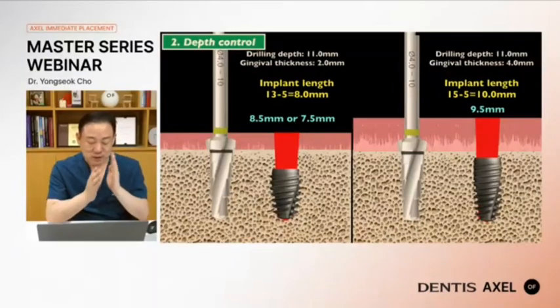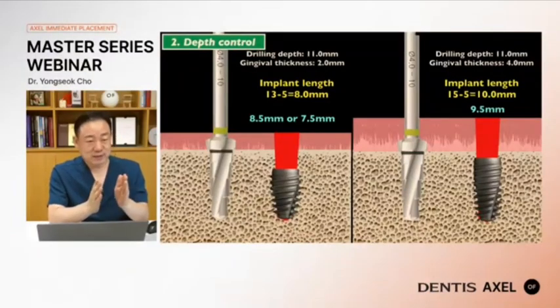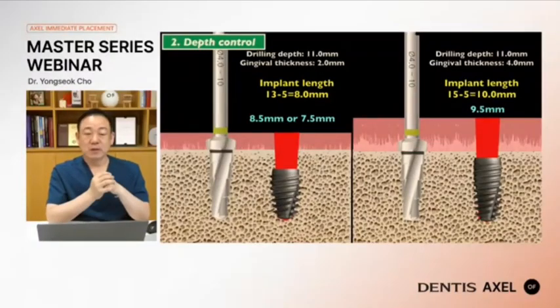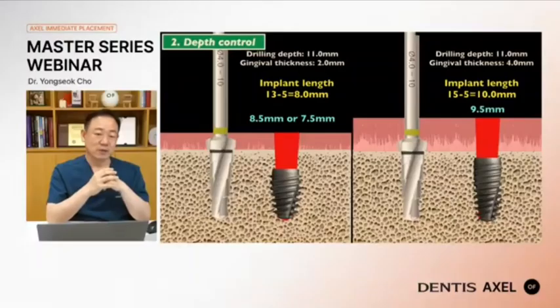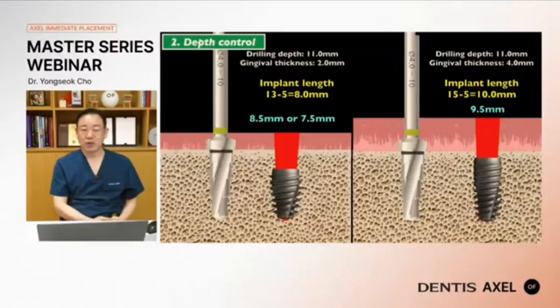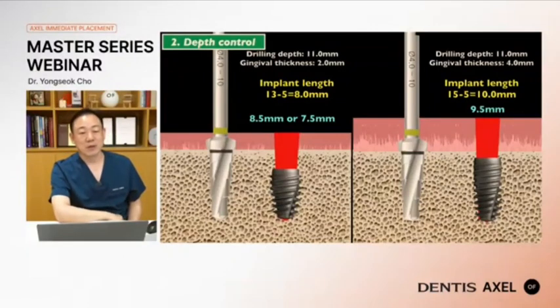there's no exact relationship between drill length and implant length. Okay, because the criterion of implant depth is not from the bone margin, it is from the gingival margin. So before implant installation, you have to measure the total depth of the hole and select an adequate length of implant. Okay, that's my general way to select an implant.